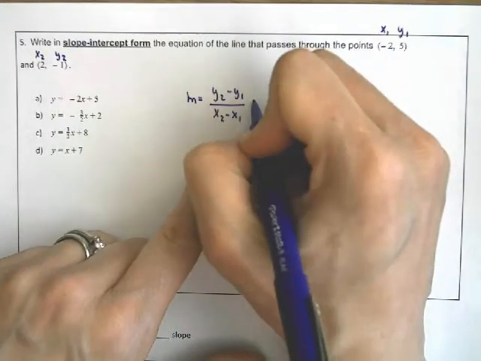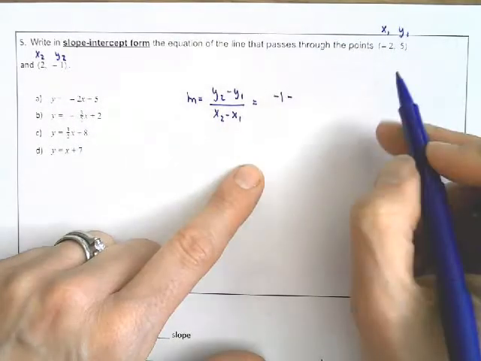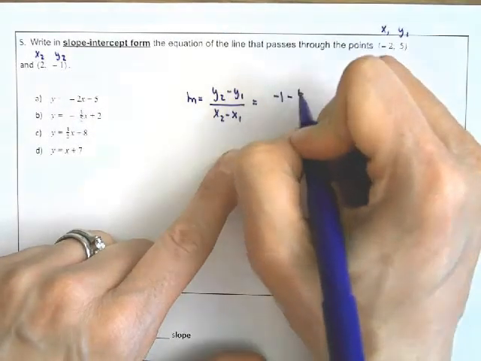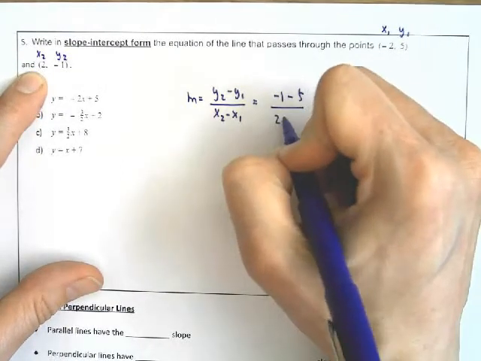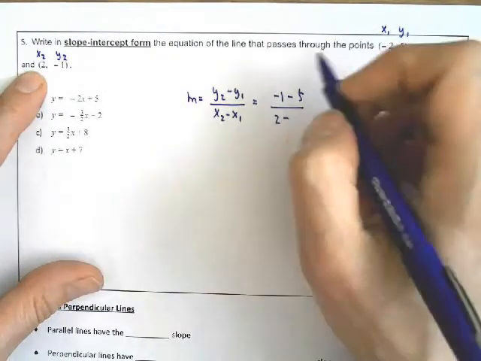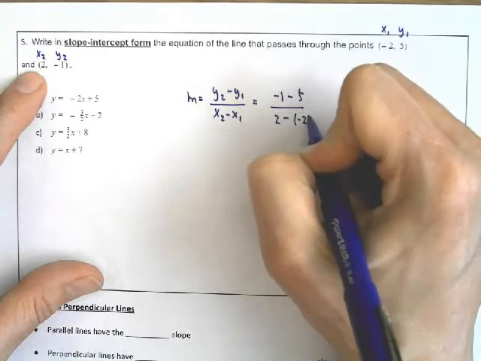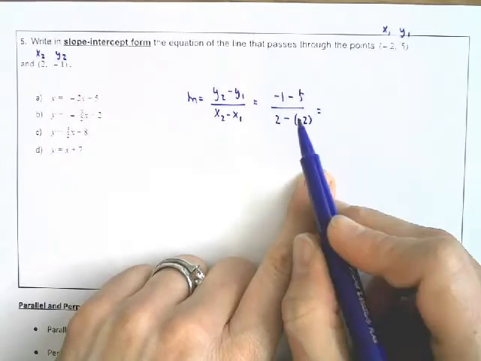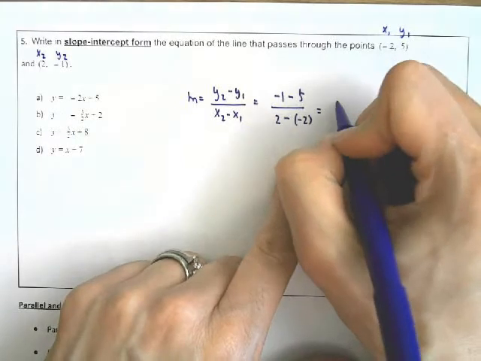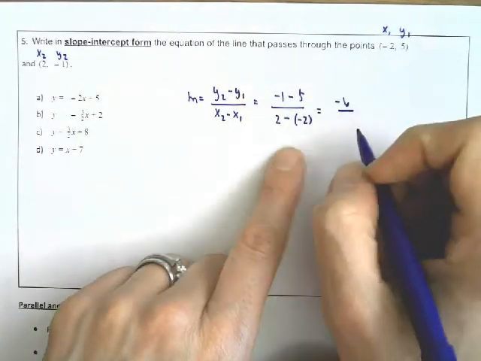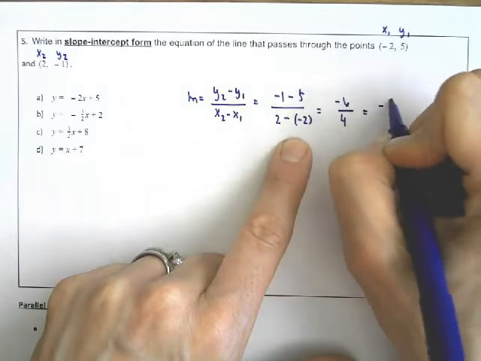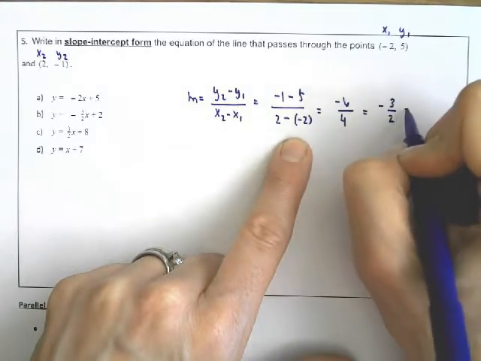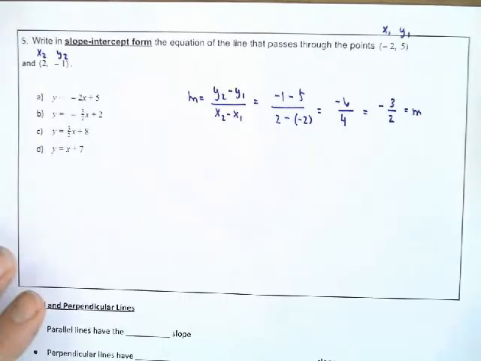So we're going to substitute y2 is a negative 1, minus y1 is 5. On the bottom I have x2, which is 2, minus, here's that minus a negative again. So if I'm careful, I use my calculator. Negative 1 minus 5 is a negative 6. 2 minus a negative 2 is a positive 4. And if I reduce, my slope is negative 3 over 2.